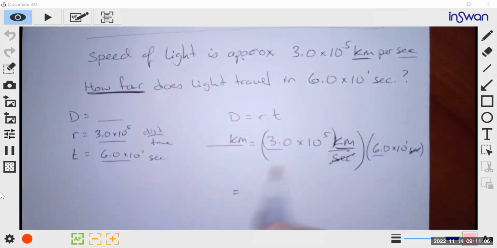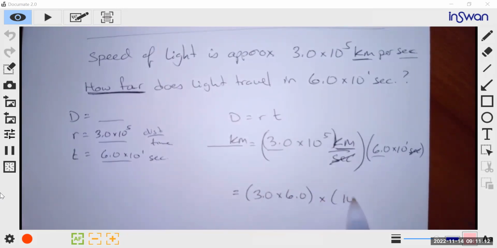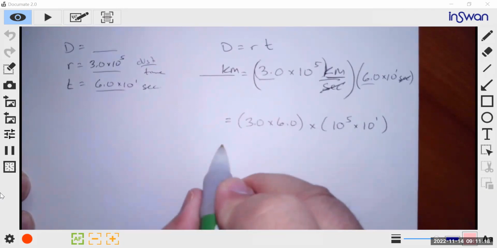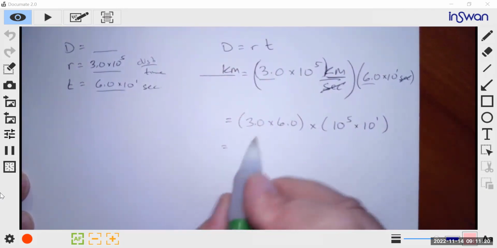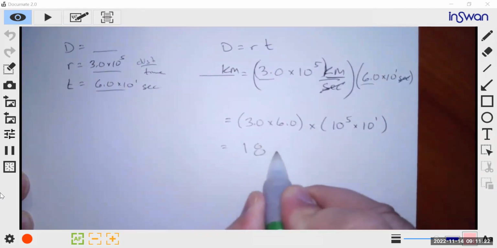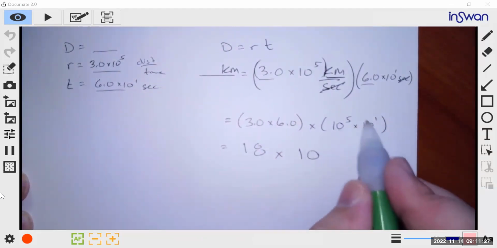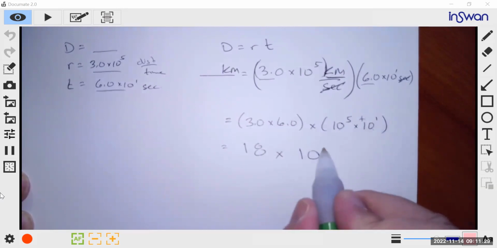Multiply the numbers. 3.0 times 6.0. 10 to the fifth times 10 to the first. So 3 times 6 is 18. Same basis, so we add the exponents. 5 plus 1 is 6.